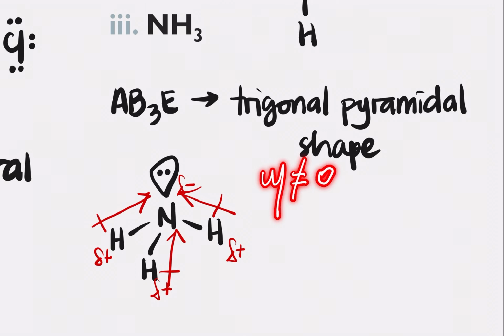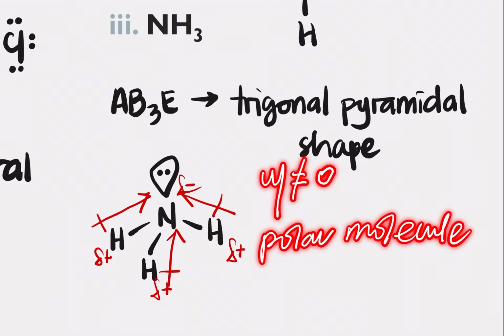So mu is not equal to 0 because the bond dipoles do not cancel out each other. Alright, so therefore your NH3 molecule is a polar molecule.